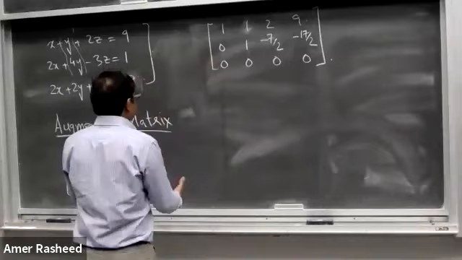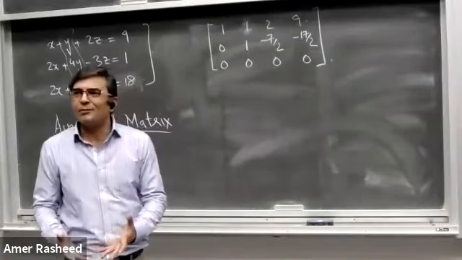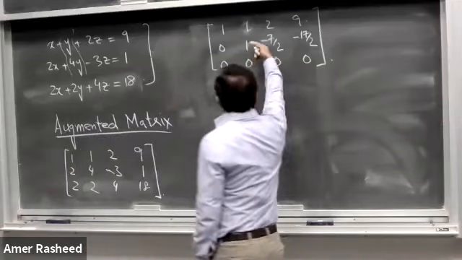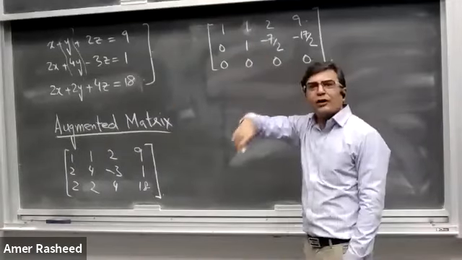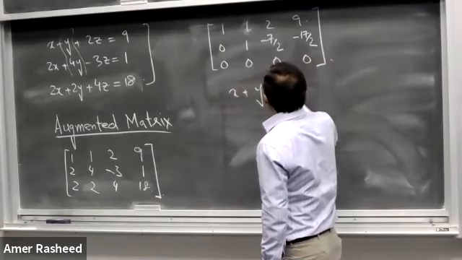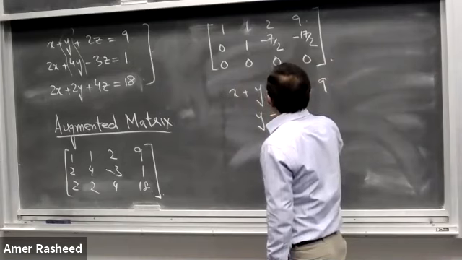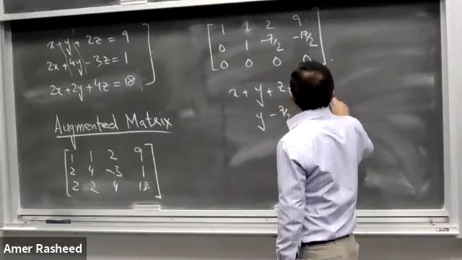Sir, but now you cannot find the solution. Yes, that is the problem I want to discuss with you: why there is a problem here. Now look, you have to write back that corresponding linear system. What will it be? x plus y plus 2z is equal to 9, and then y minus 7 by 2 z is equal to minus 17 by 2.